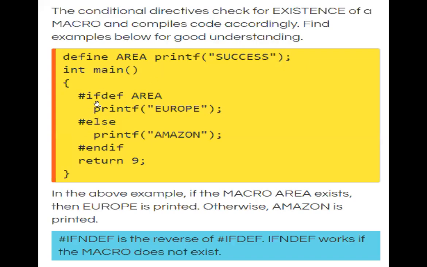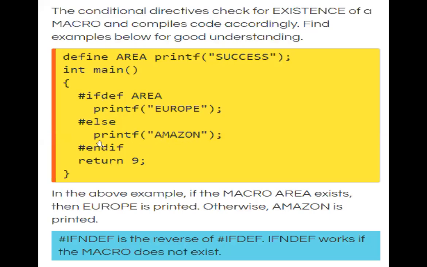The conditional compilation is #ifdef. If this is true, that is if there is a macro AREA defined, I'm going to print Europe. Else, that is if there is no AREA macro definition, I'm going to print Amazon.